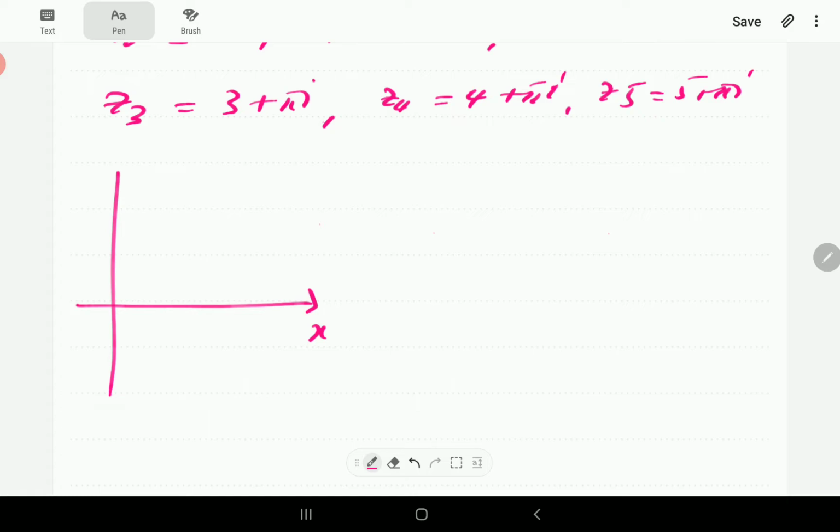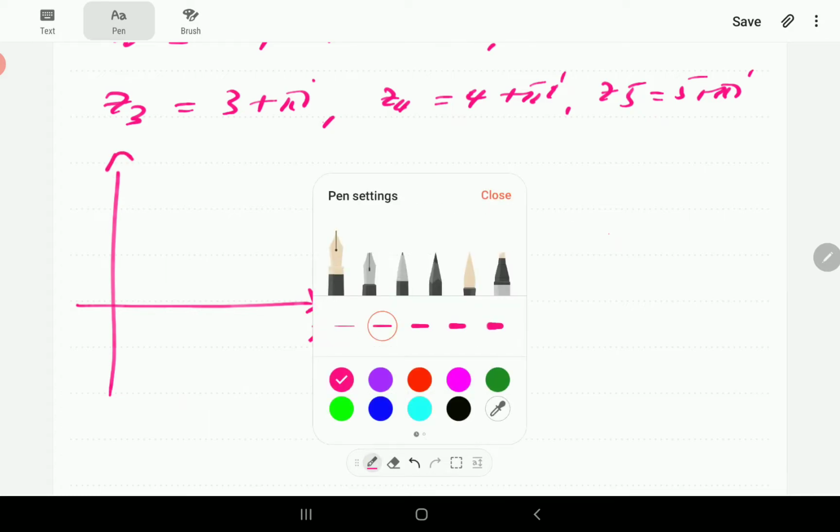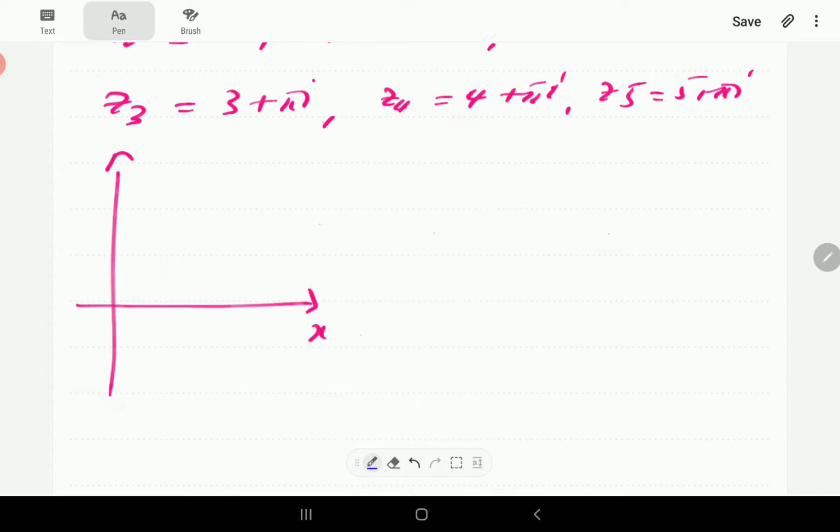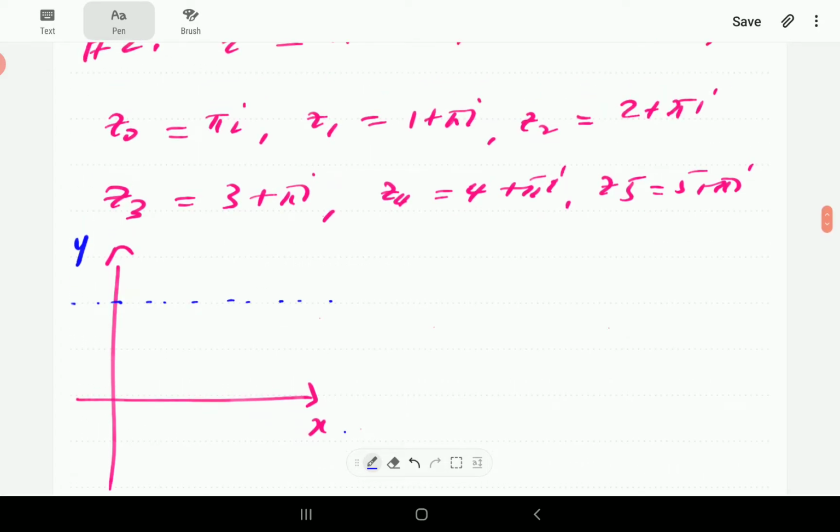You notice that all of them have the imaginary part of pi i, so these are going to be located on the horizontal straight line y equals pi. So first one, z0 is going to be on the vertical axis.